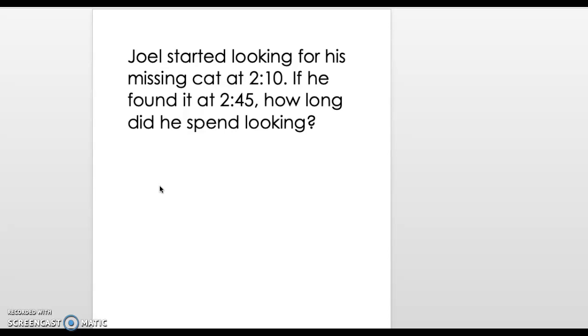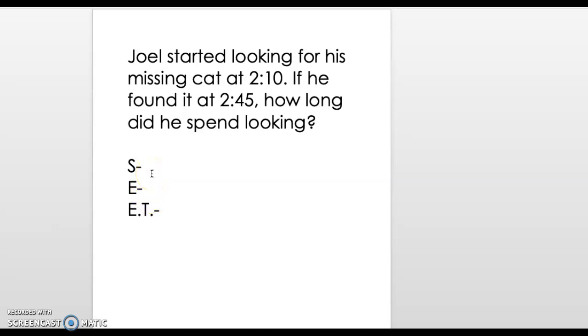On your page, you would want to write S for start, E for end, and then ET, actually I think I'm going to put dashes, for elapsed time. Okay, so Joel started looking for his missing cat at 2:10.